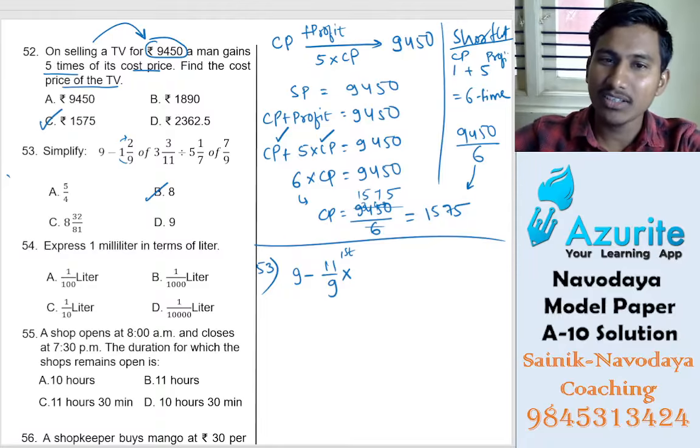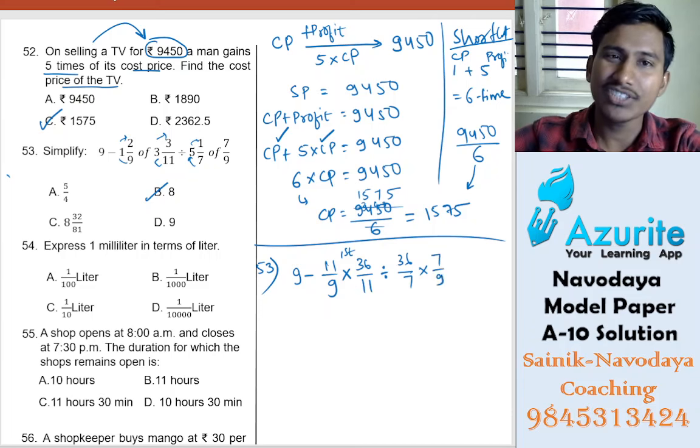Next 3 by 11 means 11 3s are 33, 33 plus 3 is 36. 36 by 11 divided by, next is 5 1 by 7 means 5 7s are 35, 35 plus 1 is 36. 36 by 7. 'Of' means into, so how much? 7 by 9.